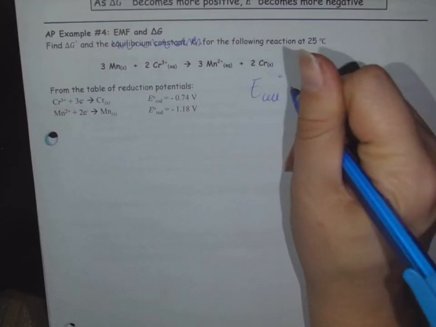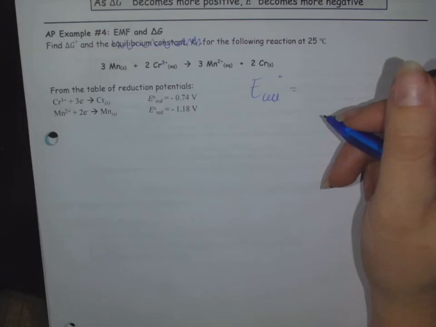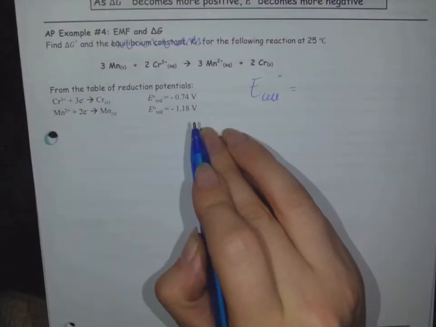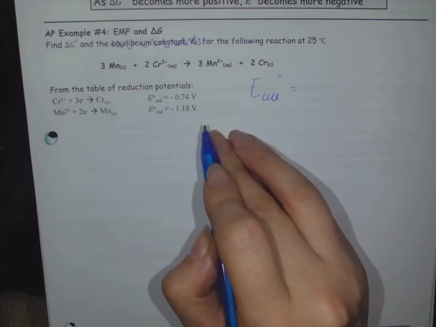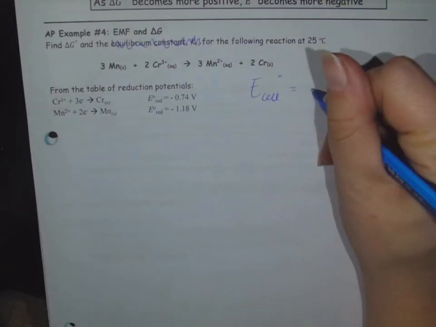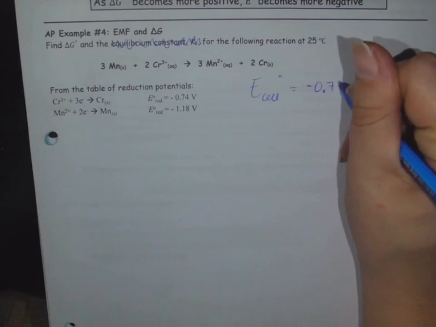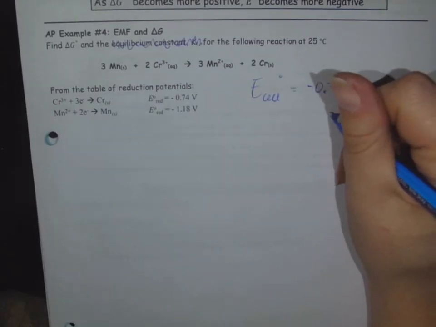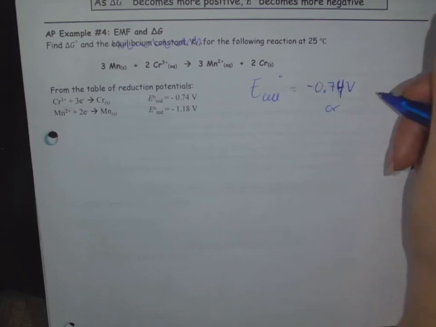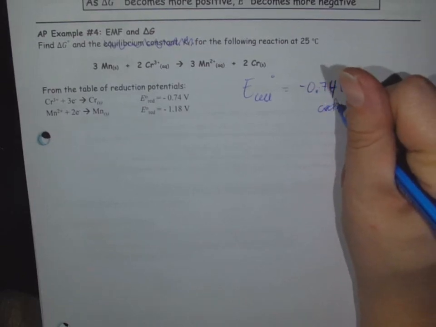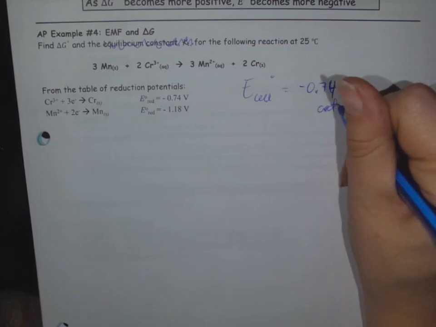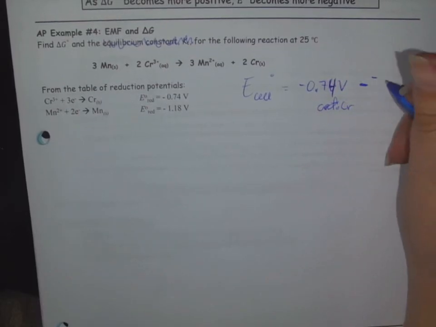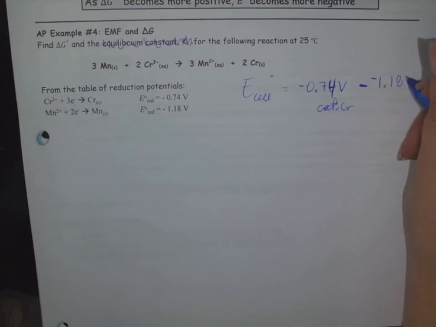For the E cell, we want the most positive minus the most negative. So I take the negative 0.744 volts, which was the chromium, and it's cathode minus anode. The cathode is going to be chromium, and I subtract from it the negative 1.18 volts.